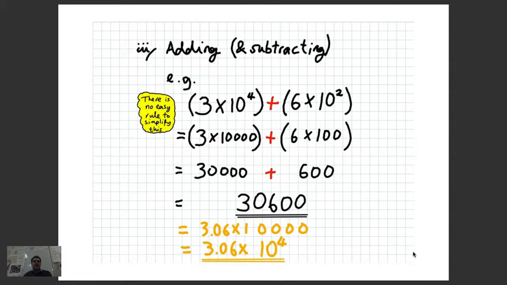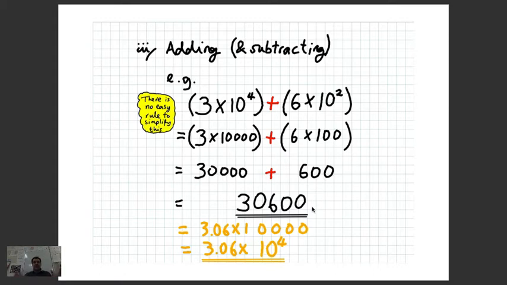Okay, the next thing is adding and subtracting. And the rule for this is that there really is no rule. So 3 times 10 to the power of 4 plus 6 times 10 to the power of 2. You've just got to separately evaluate the two bits. So they come to 30,000 and 600 respectively.